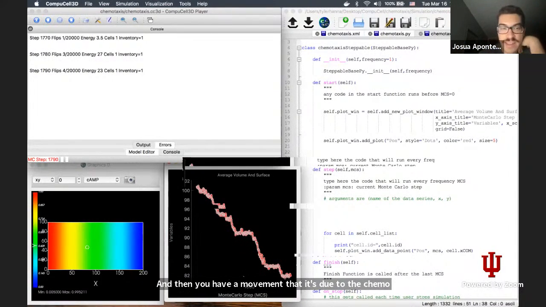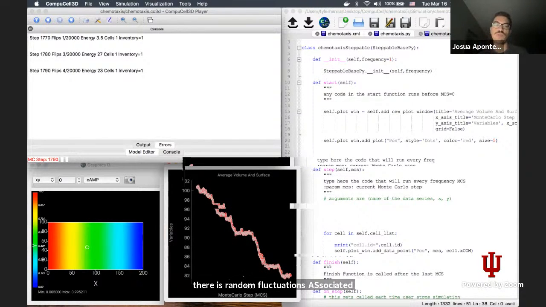Even though there are random fluctuations associated to those membrane fluctuations, the cell is still moving at a constant rate from right to left, and that is due to the chemotaxis.